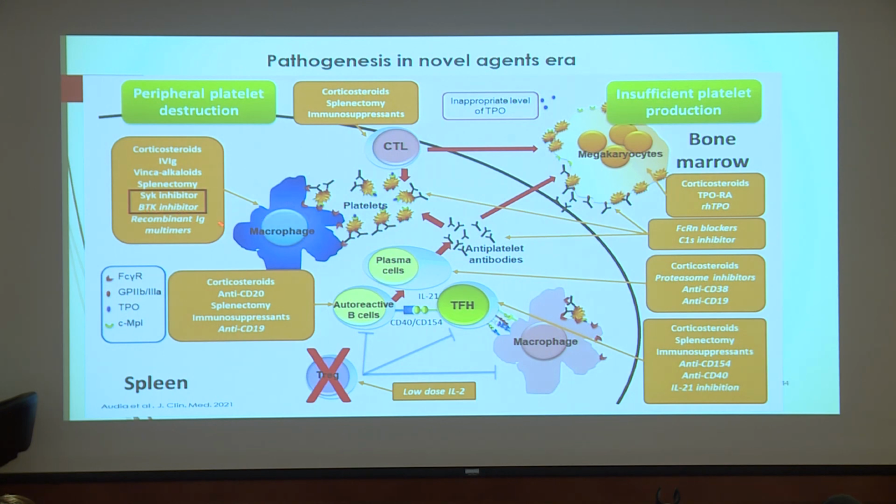Bruton tyrosine kinase inhibitors have the same mechanism of action, and no wonder that some molecules will target Treg to activate and to restore their function, including some molecules like anti-CD154 and anti-CD40, which are responsible for maintaining the action of T follicular helper cells over autoreactive B cells, which will lead to differentiation of those autoreactive B cells to plasma cells during class switching and somatic hypermutation in the germinal center.